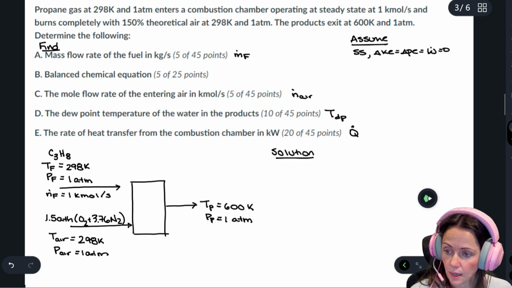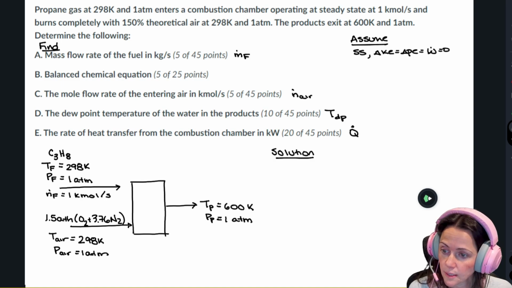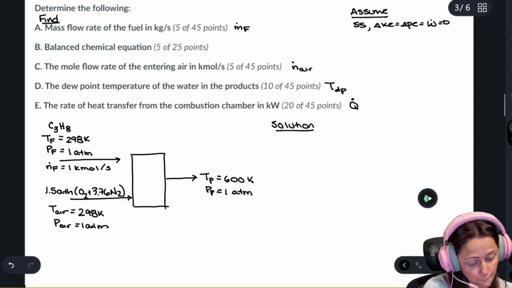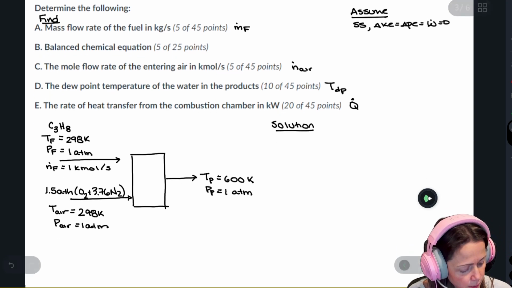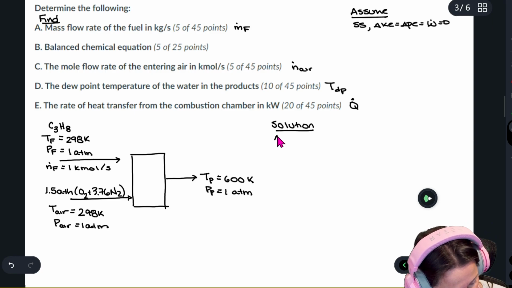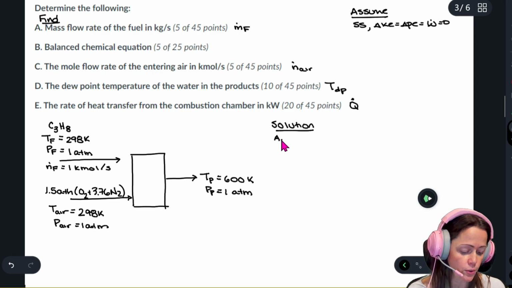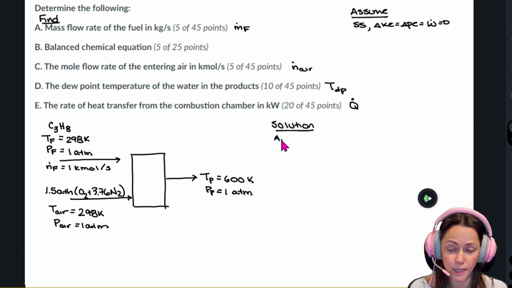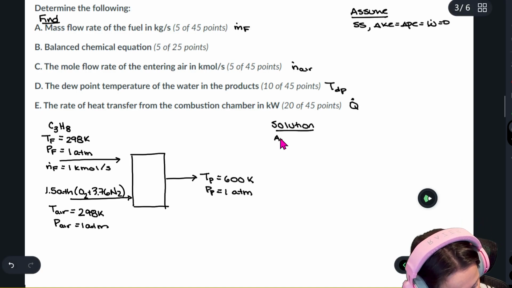So, okay, let's see. First thing I need to do is figure out the mass flow rate. Since I know the molar flow rate of the fuel and I need the mass flow rate, the magic number to go between mass and moles is your molar mass.